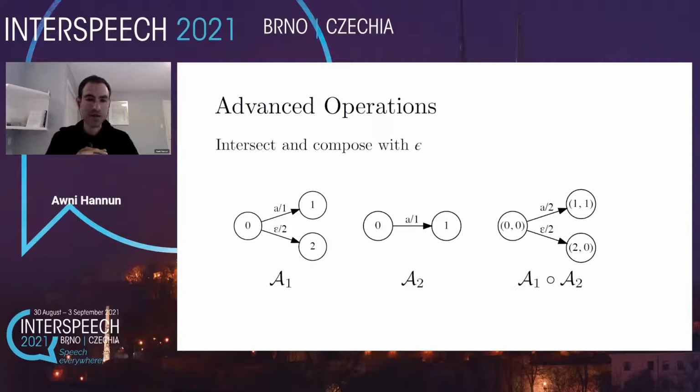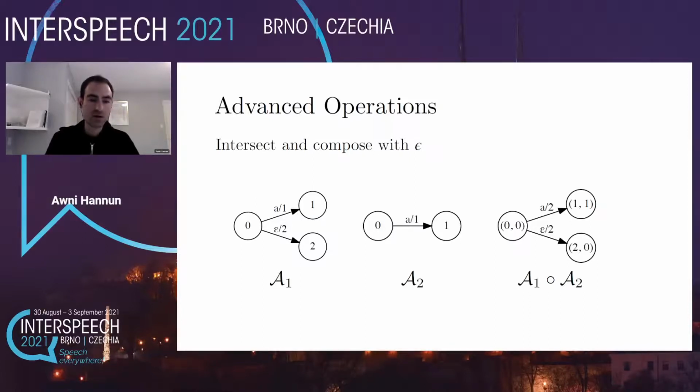So, compose with epsilon. As I was saying, epsilon can be quite subtle with composition and intersection. I'm not going to go into all the subtleties because it's quite complex and not so necessary for this tutorial. But to illustrate how it works, say we have the input graph A1 on the left and A2 in the middle, and we want to compute the intersection.